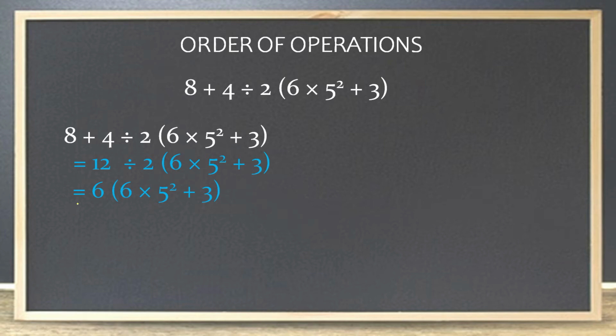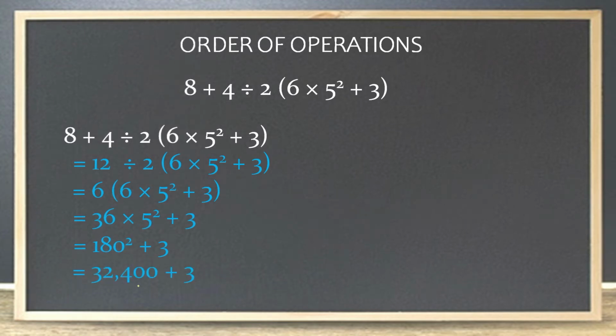Then we go to the next one, which is 6 times this parenthesis, so we have 6 times 6, which is 36. So we have 36 times 5 squared plus 3. So 36 times 5 is 180, and squared plus 3.